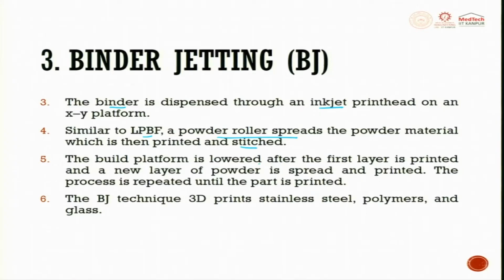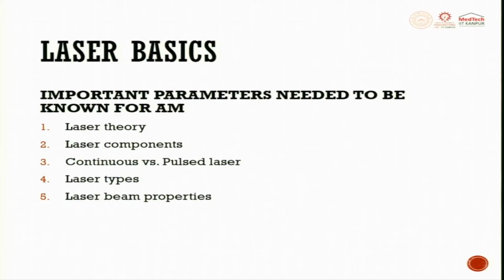Okay. The platform is lowered, the next layer is done. The binder jet technique, 3D printing, stainless steel today, polymers and glass is also done today. Again, in polymers you have thermoset polymer, thermoplastic polymer, and you have elastomers. So, predominantly these two are done by the binder jetting process.